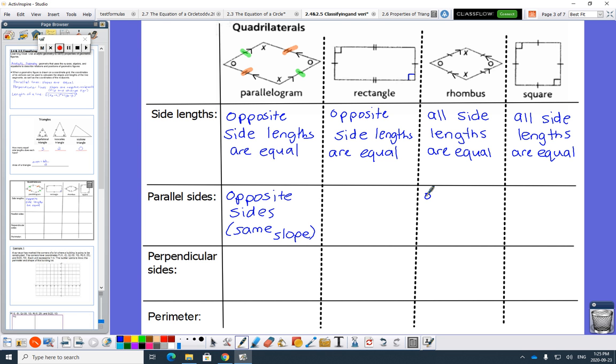Same with the rhombus. But then there are no perpendicular opposite sides, whereas the rectangle and the square will.